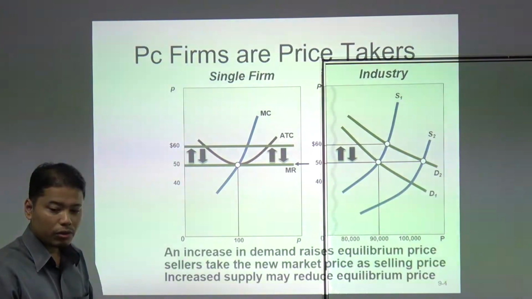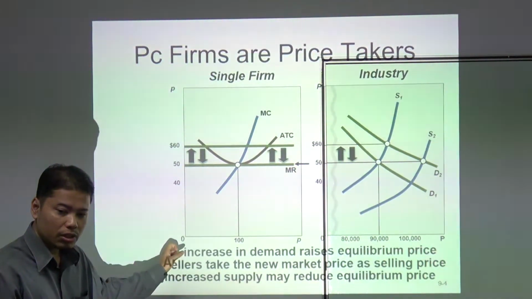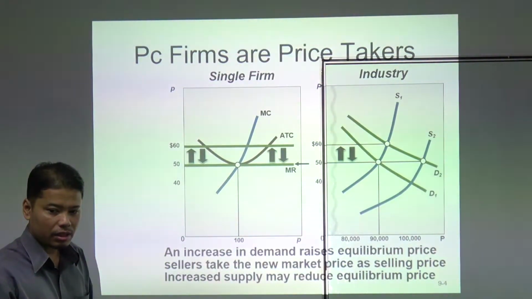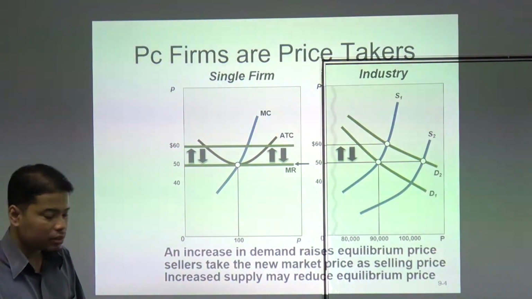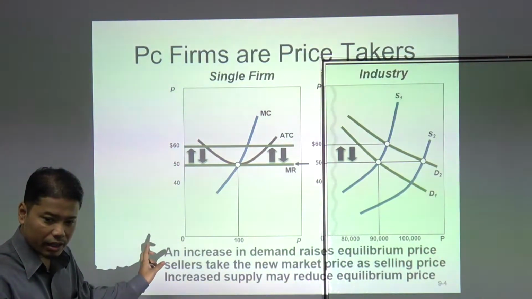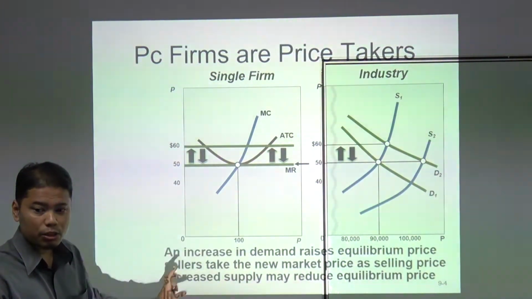So the seller doesn't have to reduce its price in order to sell additional units in the market. This is because the production contribution of this seller as compared to the whole market is very small.